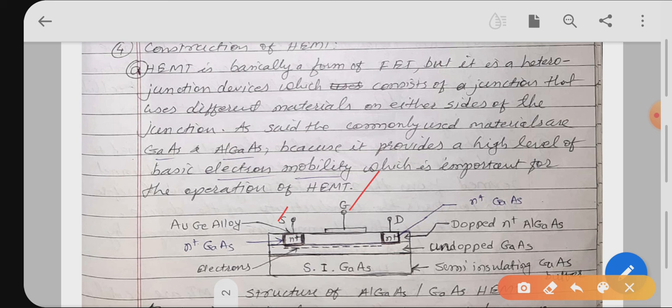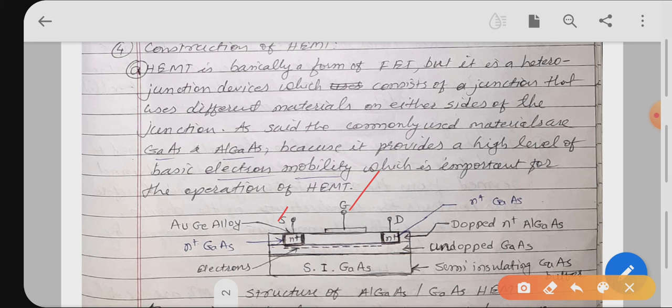This device consists of a junction that uses different materials on either side of the junction, and the commonly used materials are gallium arsenide and aluminum gallium arsenide, because they provide a very high level of electron mobility.